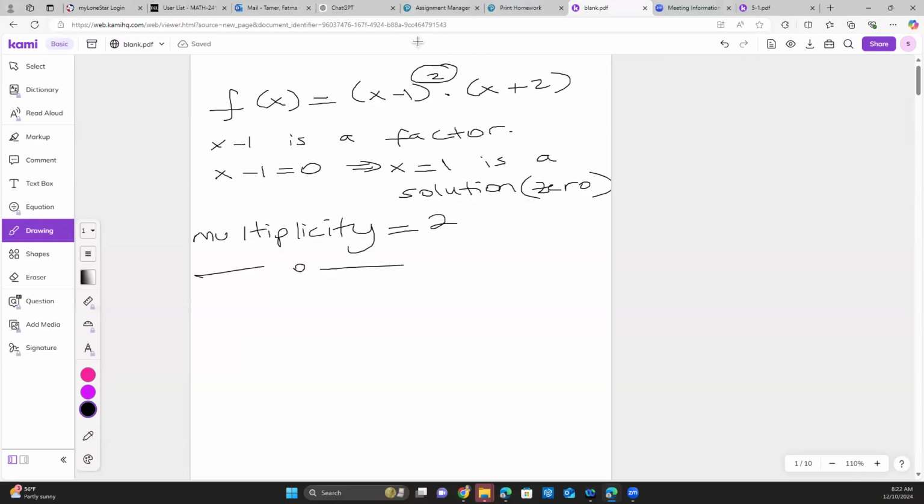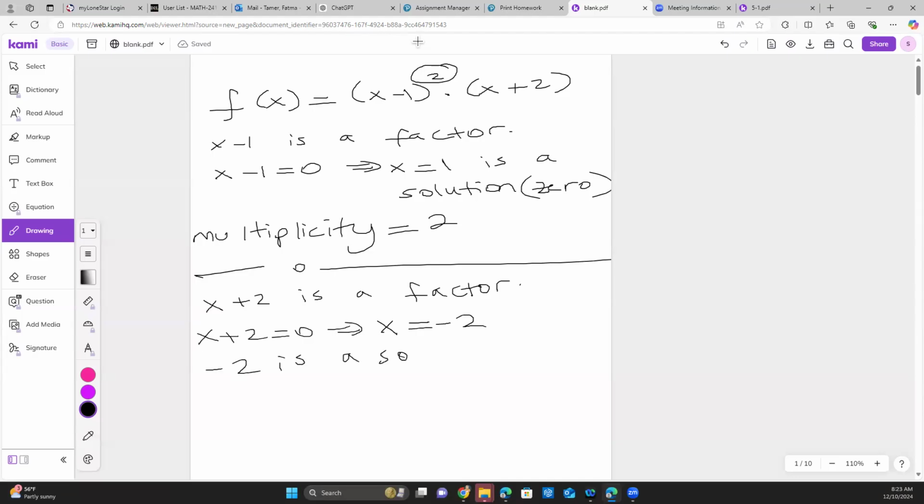Now this is not the only zero of this function. There's another factor following x minus 1 squared. We also see that x plus 2 is a factor. When I set x plus 2 to 0 and solve for x, x must be equal to -2. And -2 is a solution of this function, or you can call it a zero if you like.